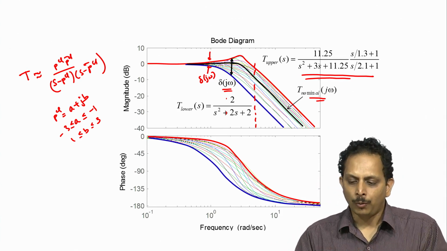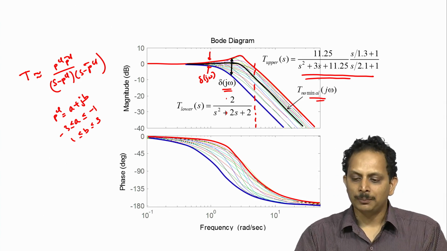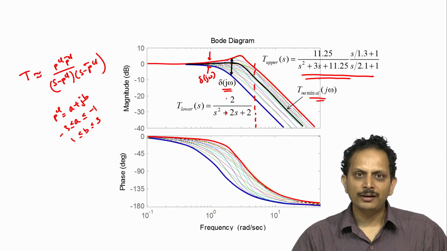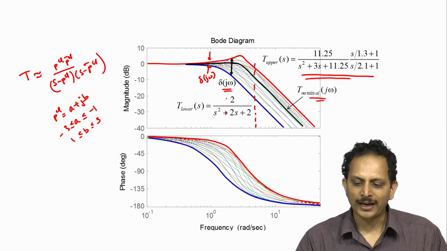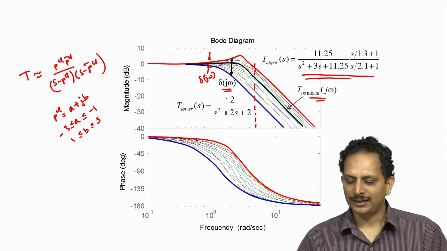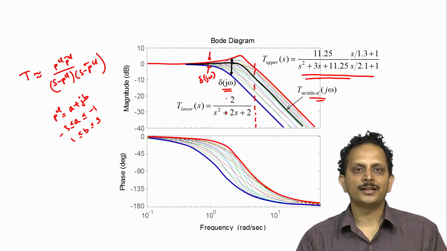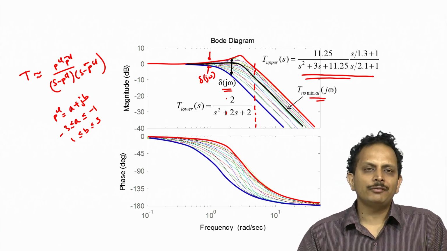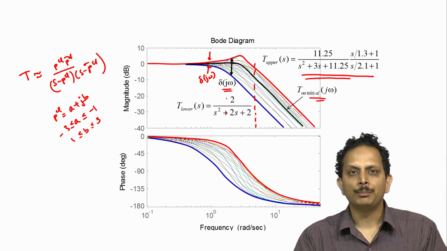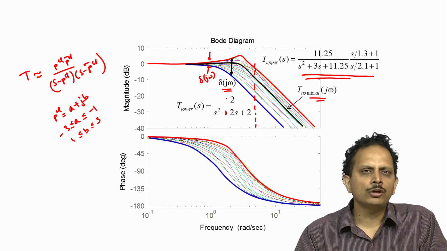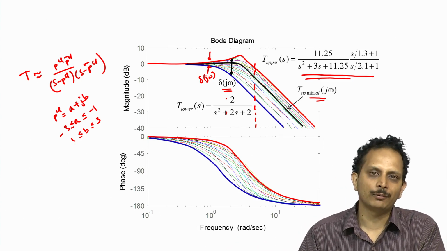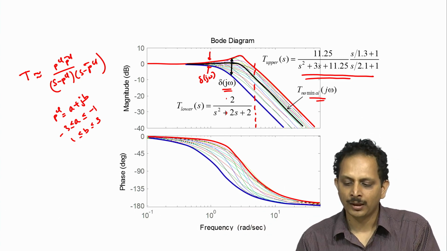Whatever reference we might choose to track, its frequency content is decidedly going to be less than 4 radians per second. Hence, we are not obligated to restrict the variation in the transmission function beyond 4 radians per second, because we will not have any references whose frequency content is beyond this frequency for us to track.